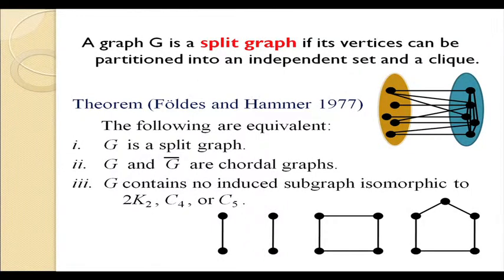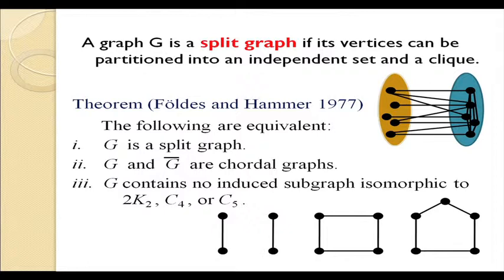So it's a split graph if and only if the graph and its complement are chordal, if and only if it has no forbidden subgraph as listed here on the slide. No 2K2, no C4, and no C5.